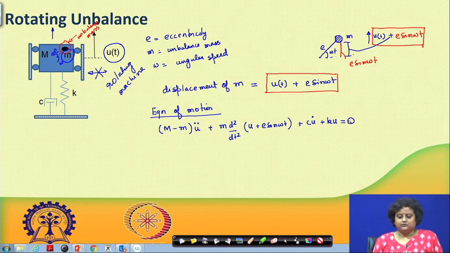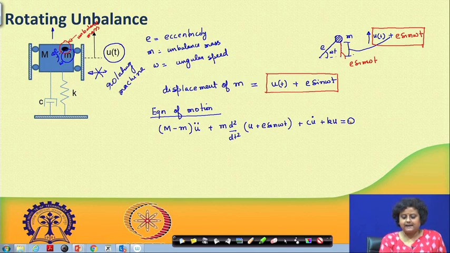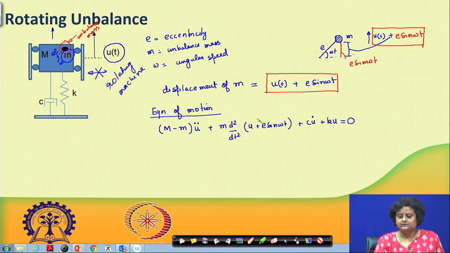Capital M minus small m is the total mass which is undergoing the displacement u(t), and the small mass m is undergoing a vertical displacement of this. So, the inertial force is m into the double derivative of (u plus e sin omega t).